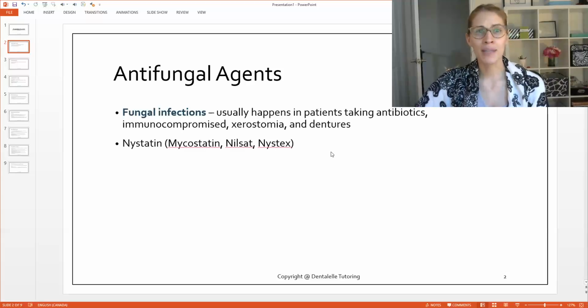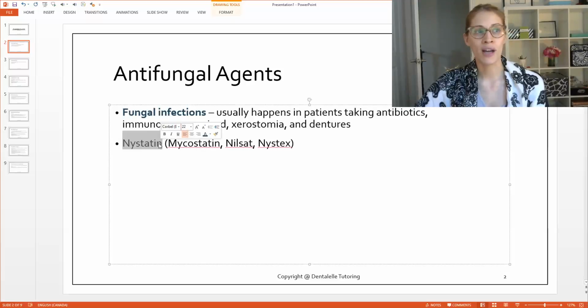It could happen even if the patient has xerostomia, if they wear dentures and they're not fitting properly, or if they're not a healthy patient to begin with. It is very, very easy to get a fungal infection. But the most common medication, which I do hope all of you know, is nystatin.